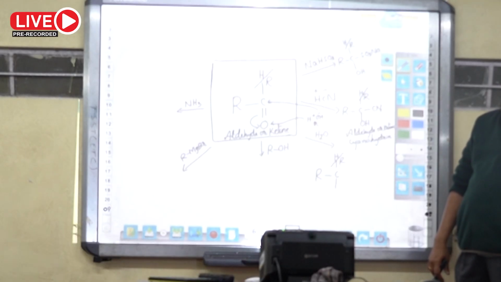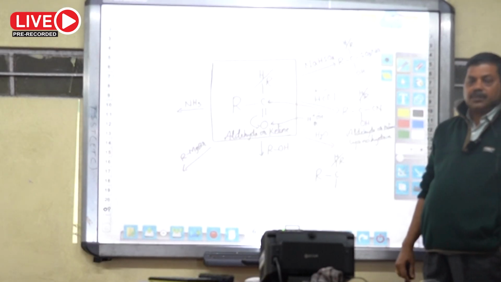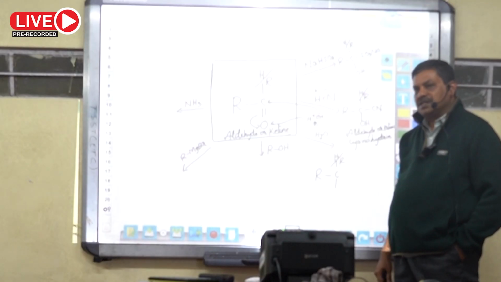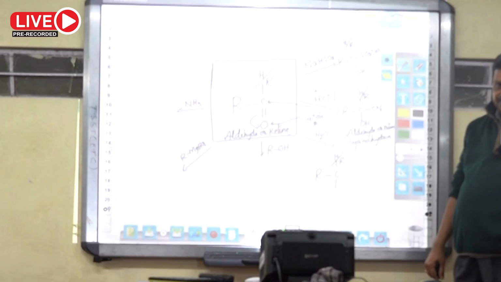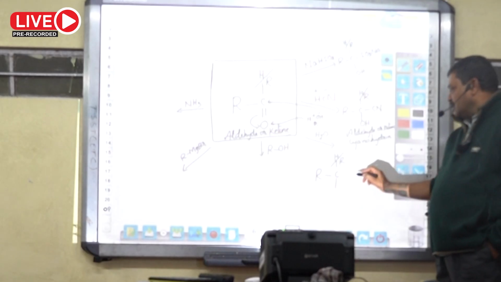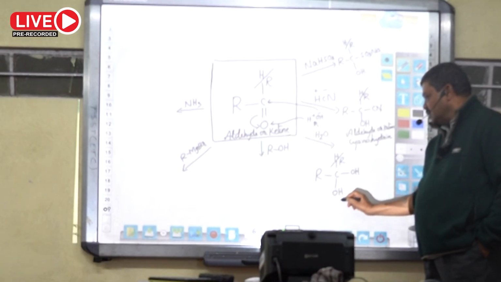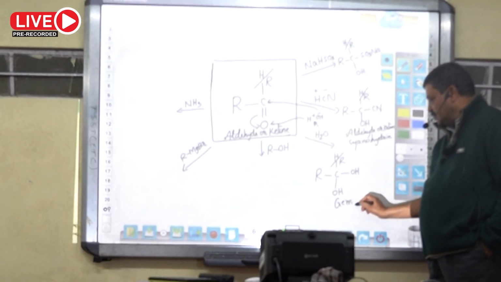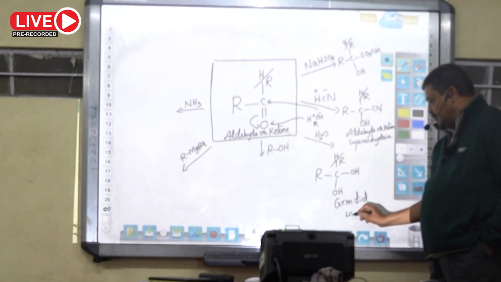Negative charged species is called nucleophile. So the nucleophile adds to the carbon. Positive charged species is called electrophile. Electrophile will add to oxygen. So here the OH will add here, another OH, you will get a gem diol. Gem diols are unstable.